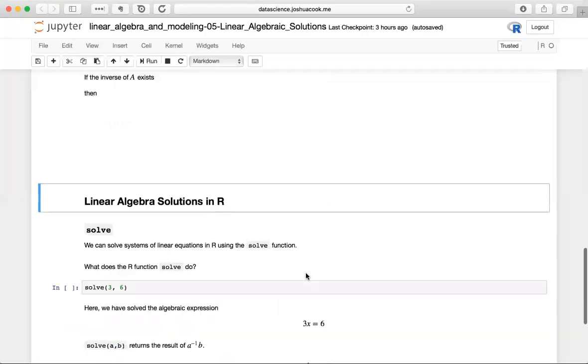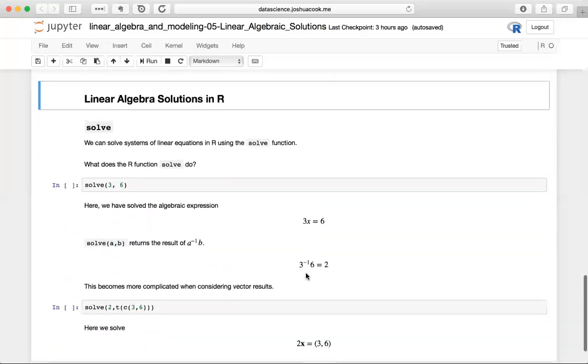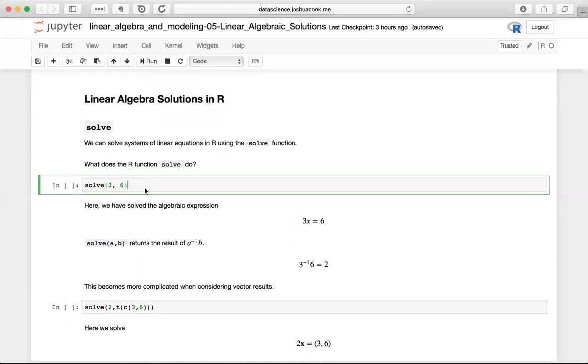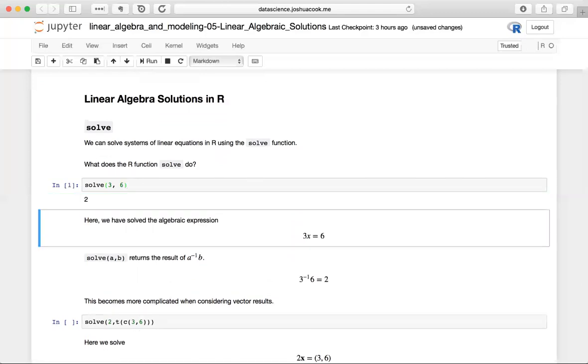Now this is actually pretty straightforward in R. R has a function called solve. So we can solve a system of linear equations in R using this function. So we should talk about what this function solve does. Let's say we're going to solve 3, 6. Well, we get 2. So what we've solved here is the equation 3x equals 6.